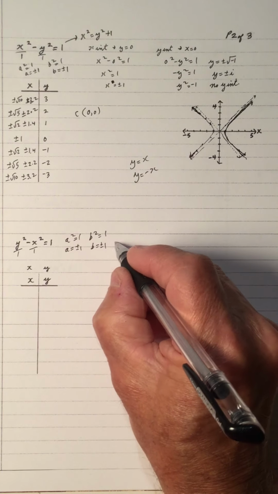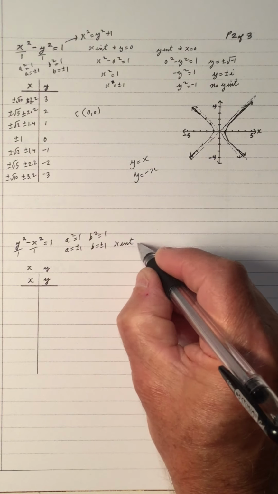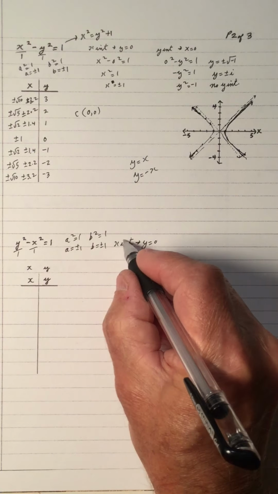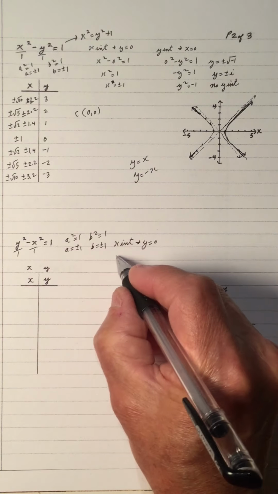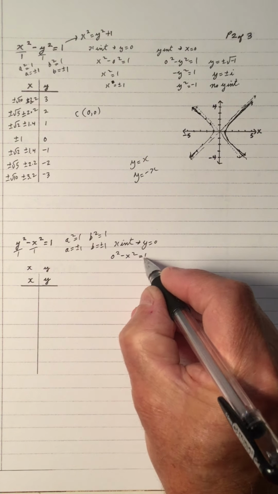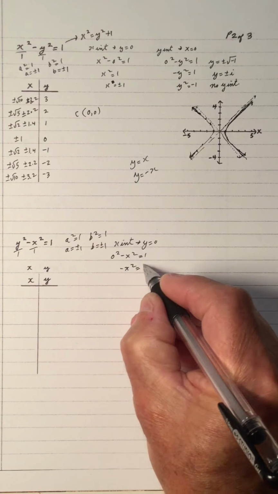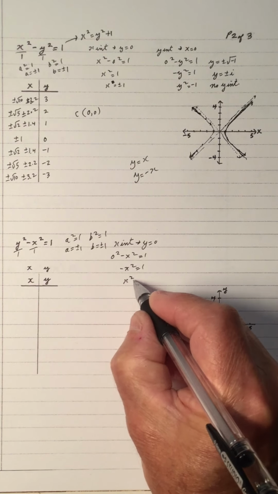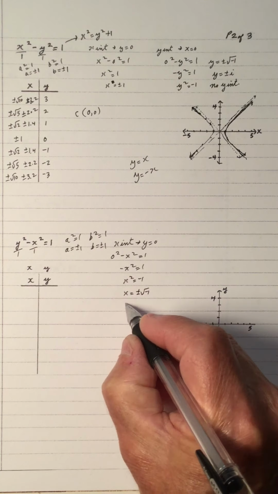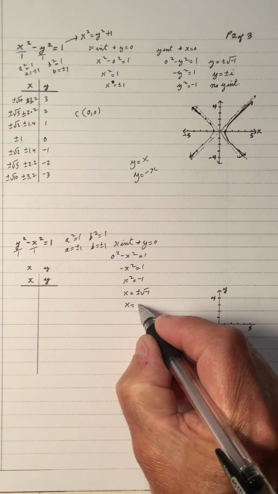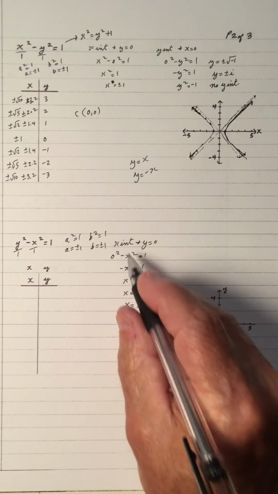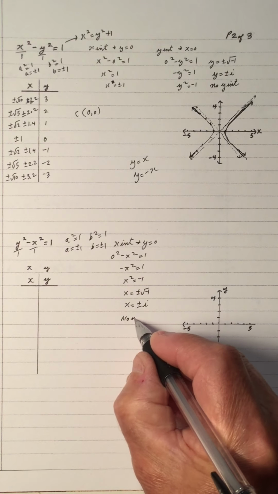Let's check the x-intercept, when you let y equal 0. You get x squared equals negative 1, so x equals plus or minus the square root of negative 1, which is plus or minus i.